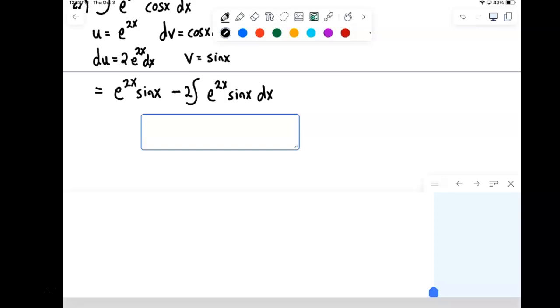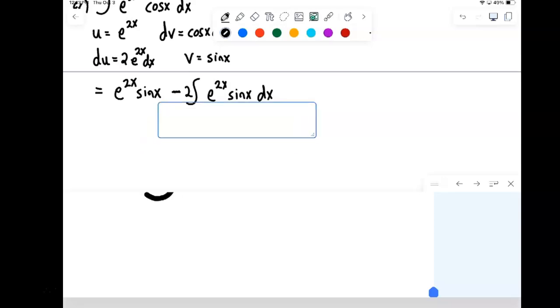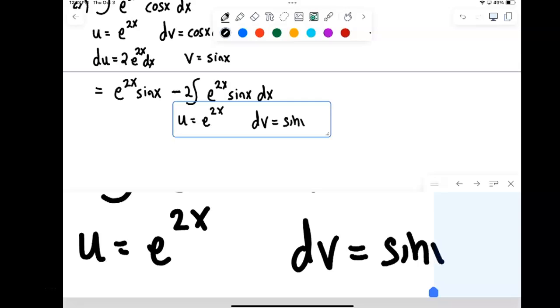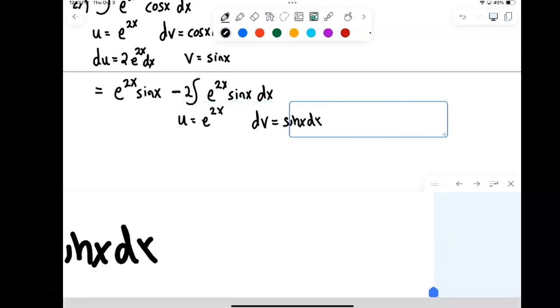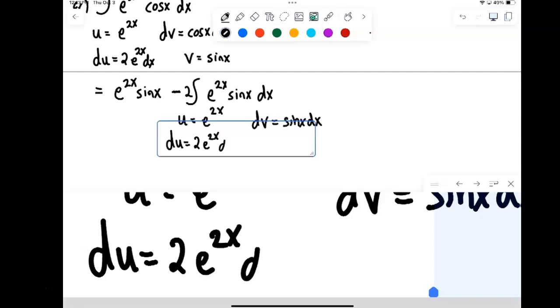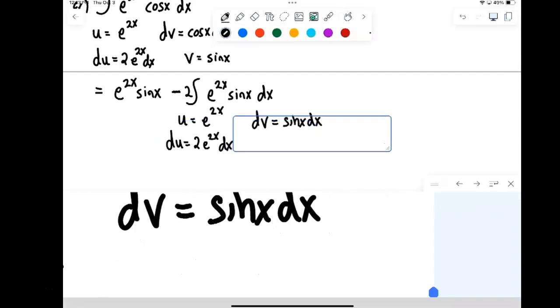I'm going to let u once again be the e part, e to the 2x, and I'm going to let my dv be sine x dx. Differentiate u, that's still just like last time, 2e to the 2x dx. Integrate v.